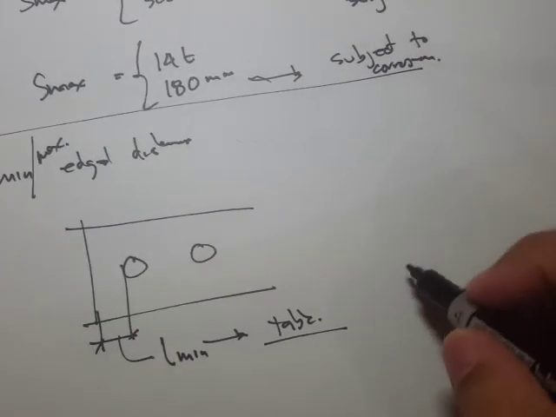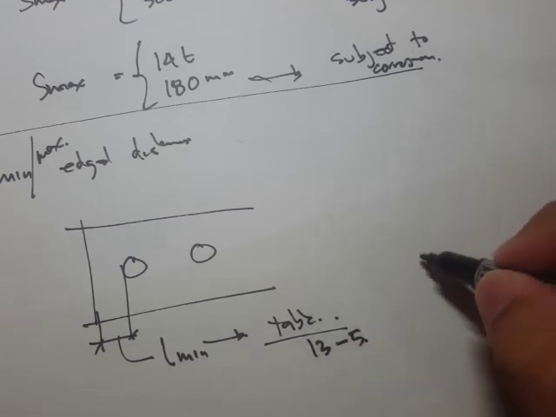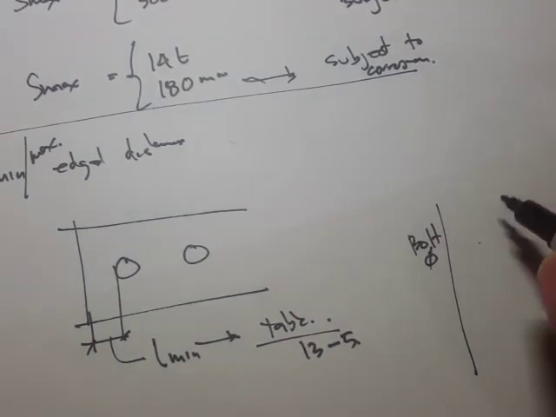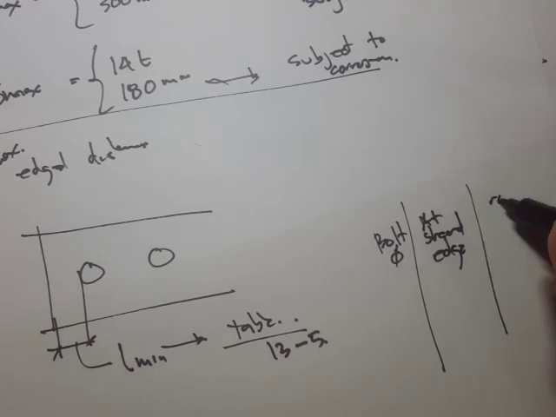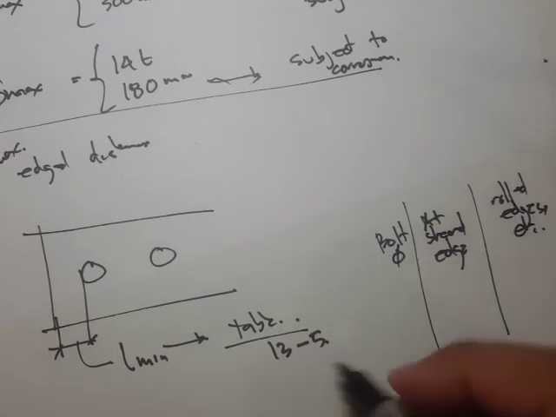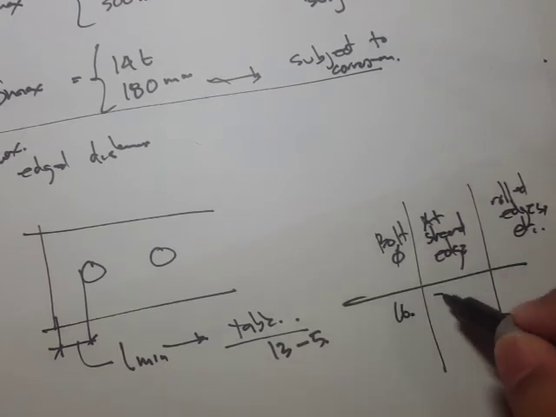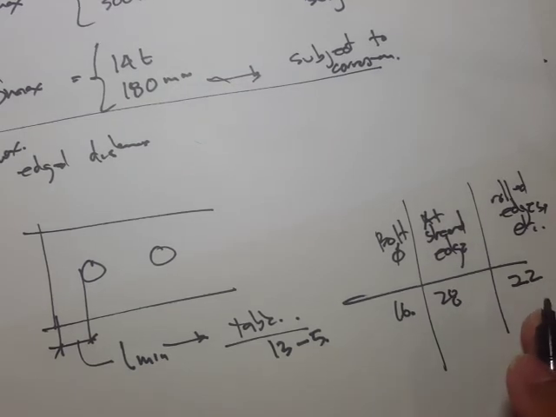Okay, so in the table, let's say 13-5, we have a bolt diameter in the first column, and in the second column we have a sheared edge, and here we have rolled edges, etc. So for example, we have a 16 bolt diameter, then this one is 28, and this one is 22. That's in mm.